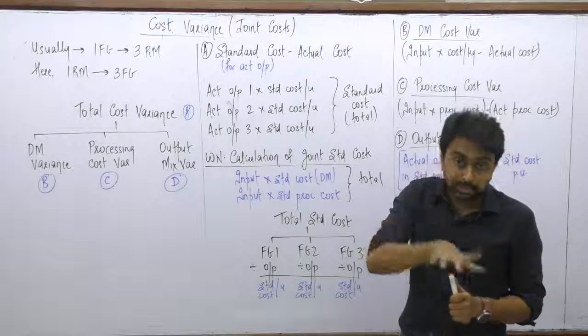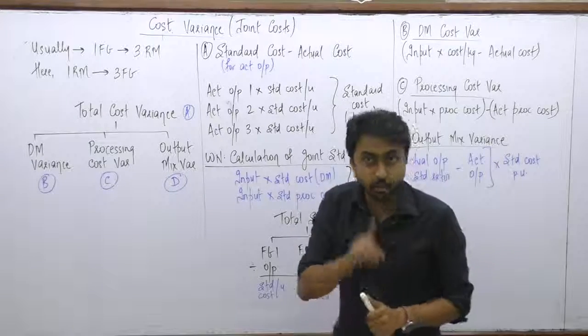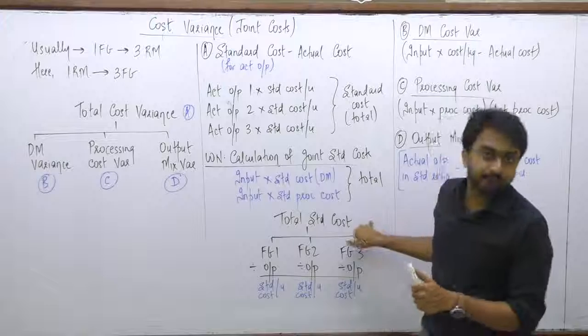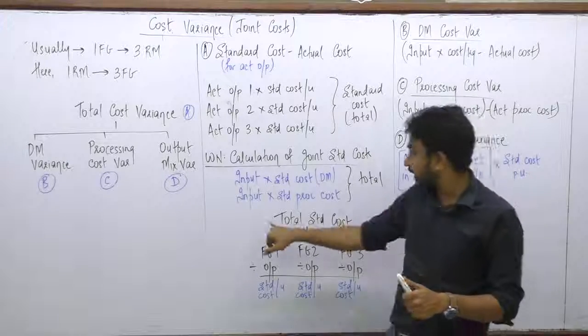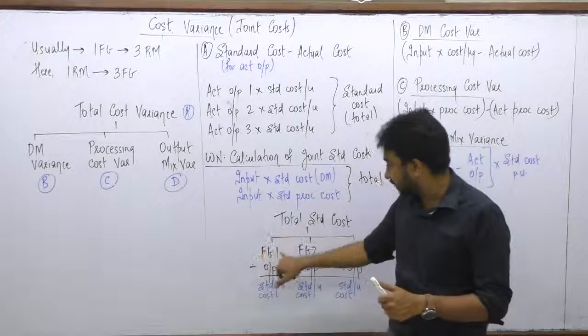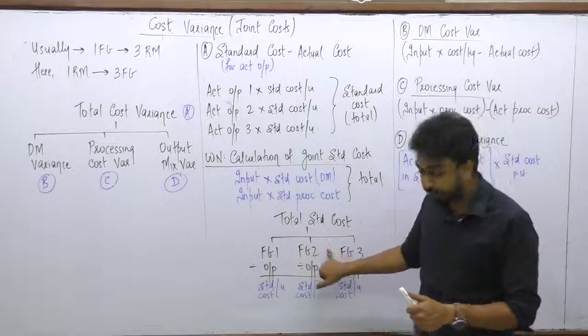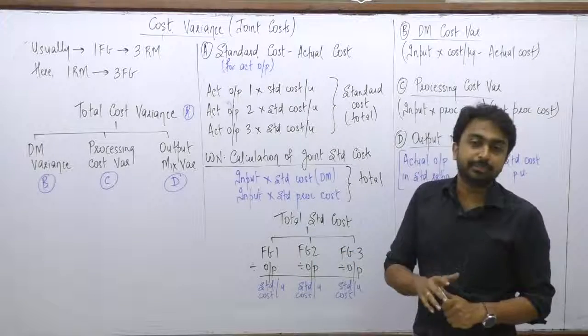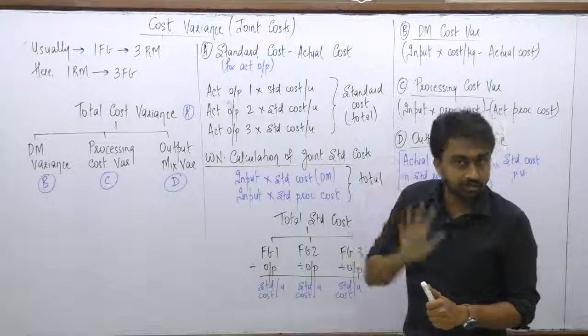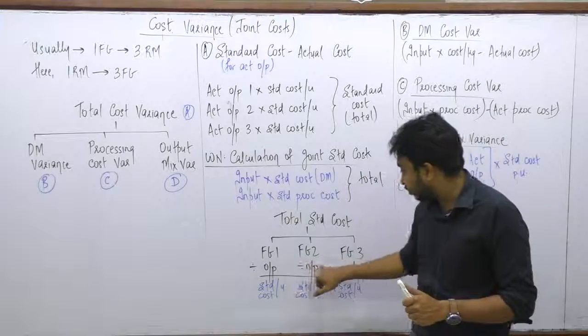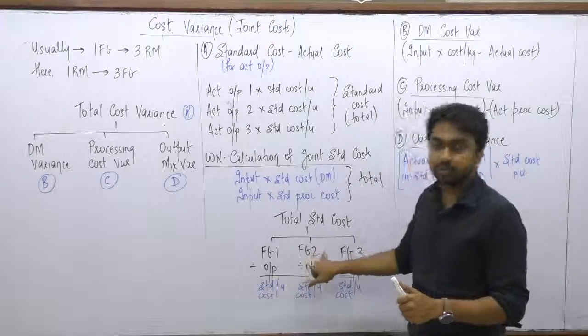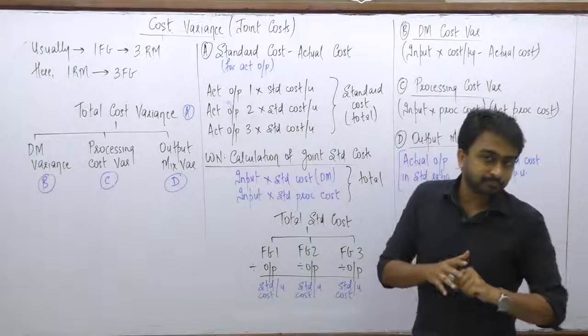The sales value method is the most appropriate method to allocate the cost. That is why I will allocate the total standard cost between FG1, FG2 and FG3 on the basis of the sales value method.